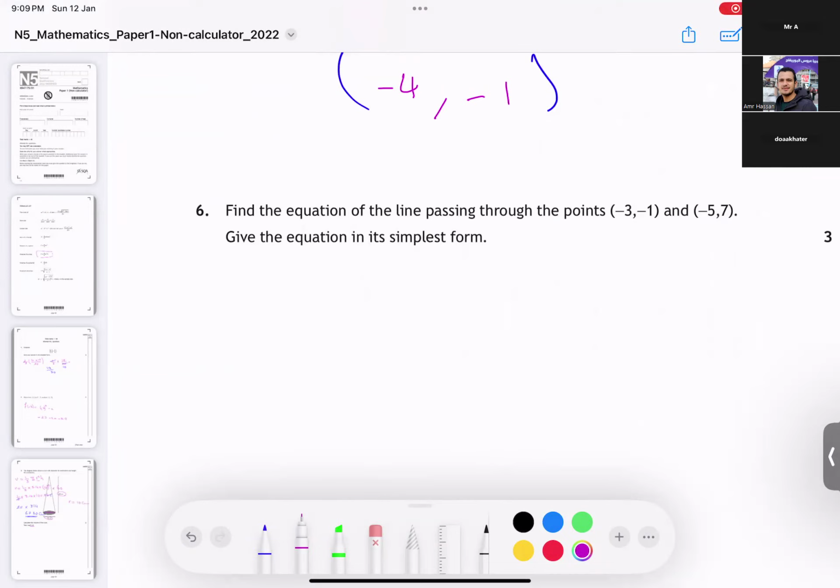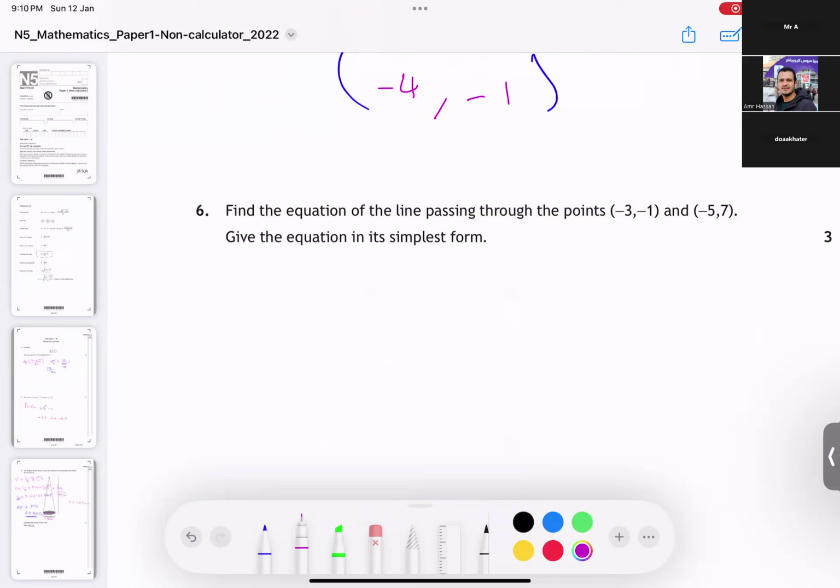Find the equation of the line passing through the points -3 and -1, -5 and 7, and to get the equation in its simplest form. So how can I do it?